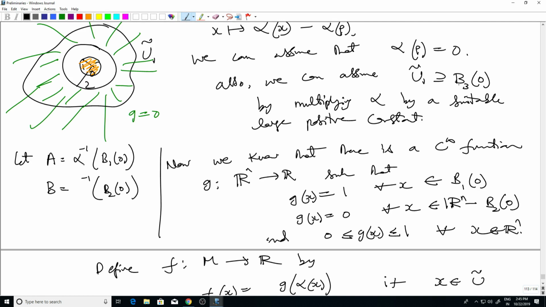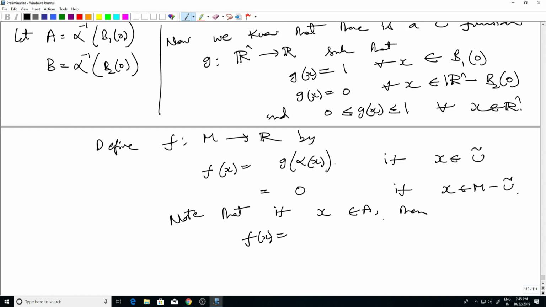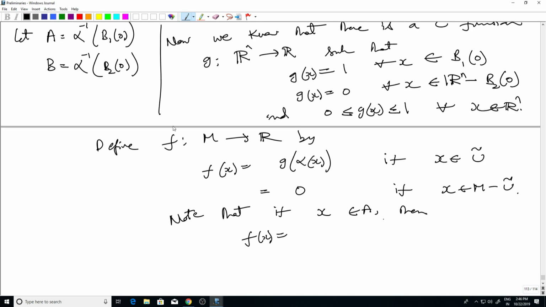So if x belongs to A, then alpha x by definition will belong to B10, therefore g of that will be 1.